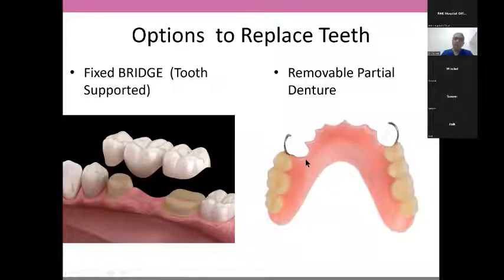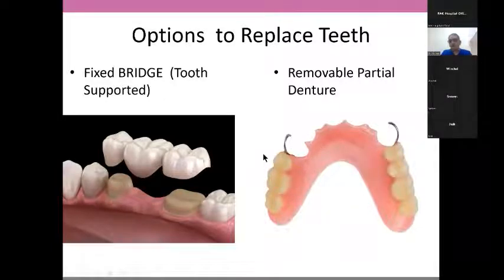The issue is that they are not fixed. They rest on the gums and take support from the adjacent teeth. You can see these wire clasps, and we have different types of dentures. Some are flexible, some have a rigid metal framework, which is cast. And then there are the normal acrylic temporary partial dentures, which you would have seen commonly.